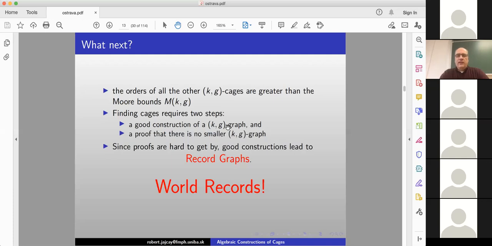So for that reason, there exists a dynamic survey paper where if you find a graph that's smaller than the graph listed in the dynamic survey paper, you notify the authors of the survey and they will check whether your graph really is a better graph than the previous one, and then you get into the table with your name in it as well. So if somebody wants to do mathematics because he or she is competitive, this is it. You can see what other people have achieved and you can try to beat them at their game.